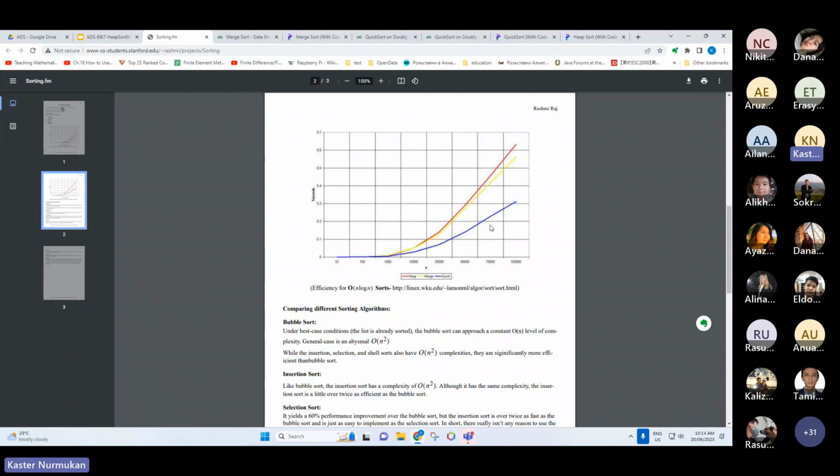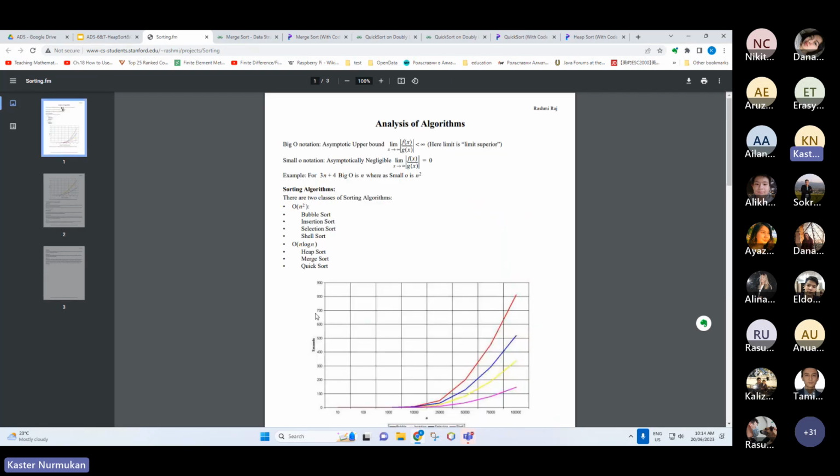That's the reason Quicksort is always best. This is 1 minute, right? Yes, at 100, very clear: Quicksort is the best one, MergeSort is second, Heapsort is third, right?